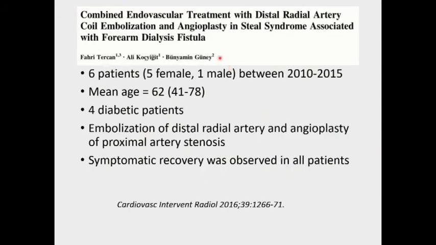This slide shows a reported small case series of 6 patients in 5 years with mean age 62 years, and risk factors were diabetes. Embolization of the distal radial artery and angioplasty of proximal artery stenosis were performed in all 6 patients, and symptomatic recovery was observed in all patients.